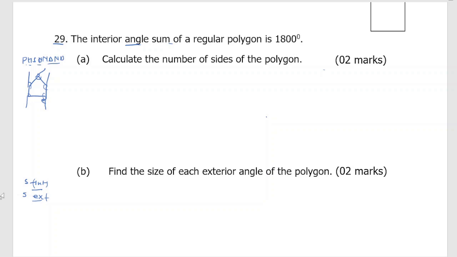Now when we add all these exterior angles or interior angles, they are going to add up to 360 degrees. Once we get all these center angles, they make the center angle sum.